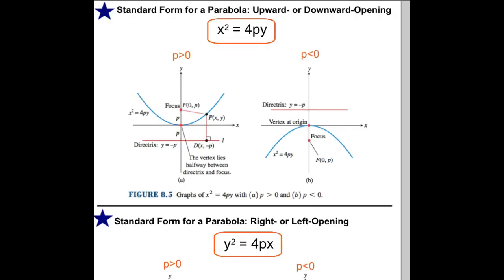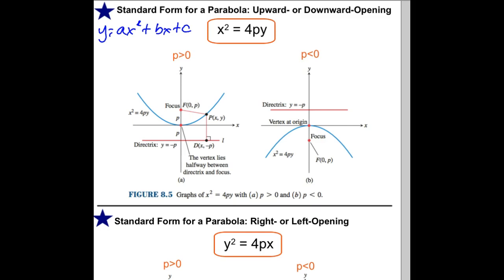All right, so standard form. It's going to look a little different than what you're used to. We are used to writing things like y equals ax squared plus bx plus c. That's a basic quadratic equation, and if we graphed it, it would be a parabola. We aren't going to use that version of it. We could do some completing the square that would turn it into the one we're going to use.